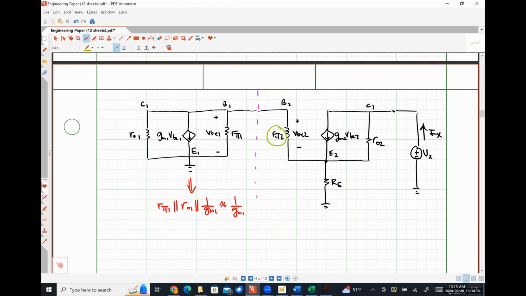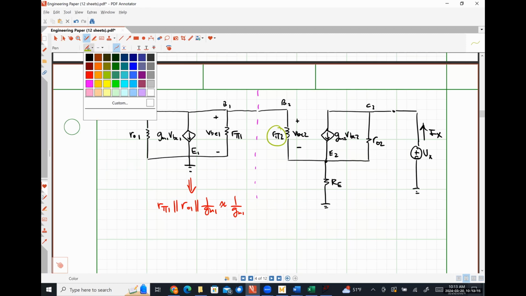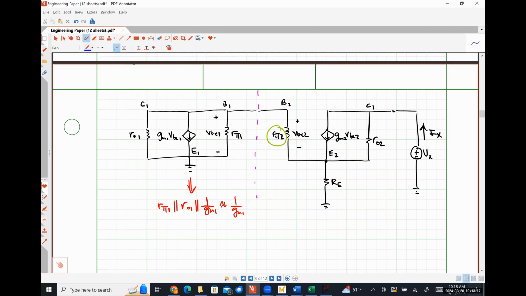And since R pi 2 is likely much larger than 1 over GM1, we can almost treat that resistance like it doesn't matter. And we're going to effectively see a resistance of R pi 2 right here. If we wanted to get formal about it, it would be R pi 2 plus approximately 1 over GM1, right?